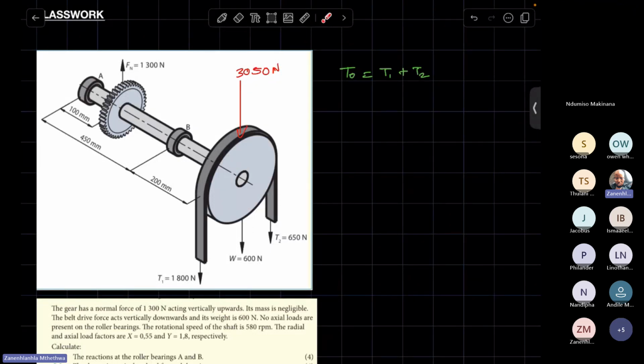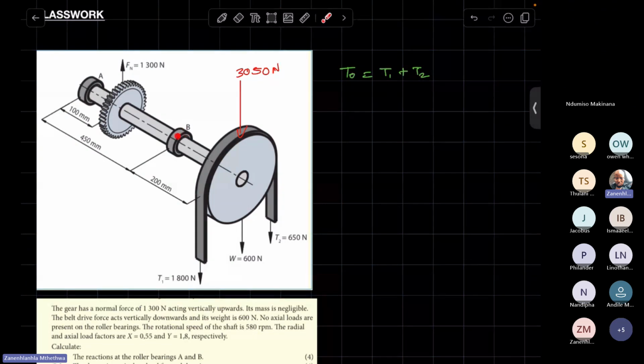But if when you calculate the magnitude of a reaction the direction thereof is negative, then the initial assumption was wrong, and in actual fact, the support at the bearing is pointing downwards. Are we clear here? Yes.